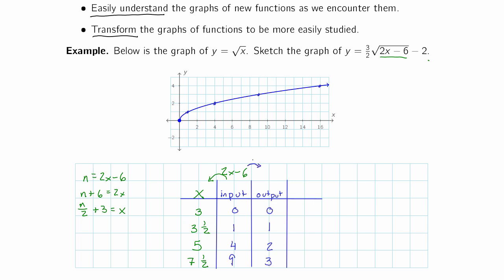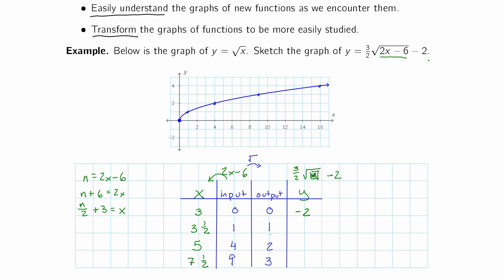Now, when I went from the input to the output, I actually did the square root. To find my y values then, I'm going to take 3 halves times that square root, and now I don't care about what's inside it, minus 2. So when my output is 0, 3 halves times 0 is 0, minus 2 is negative 2.